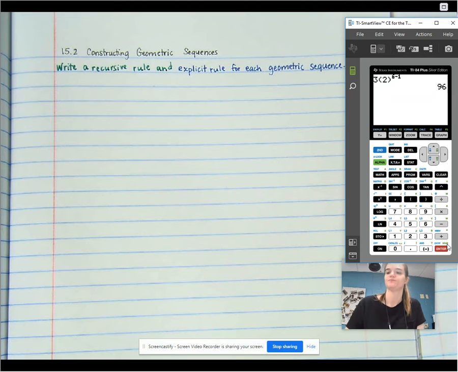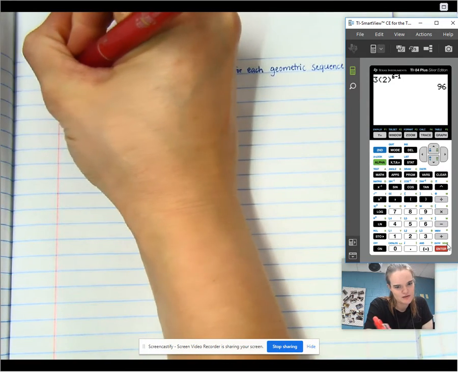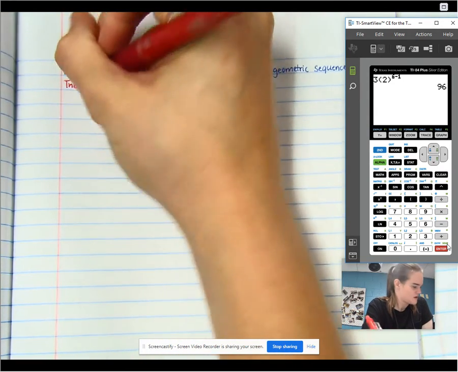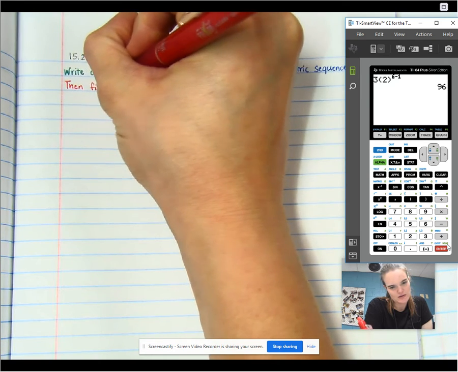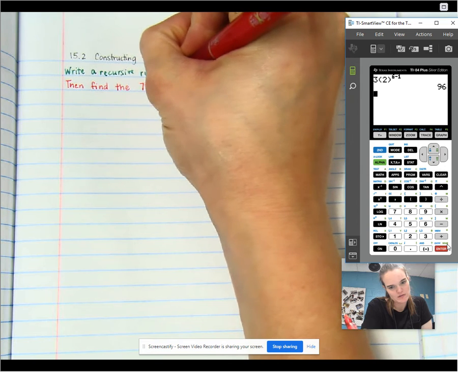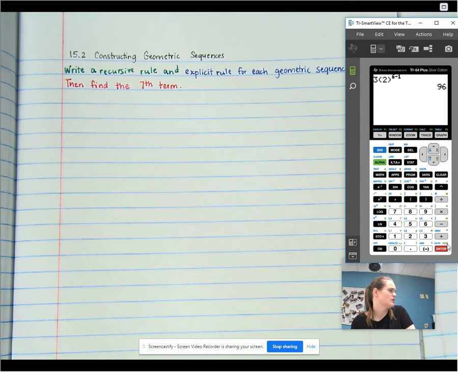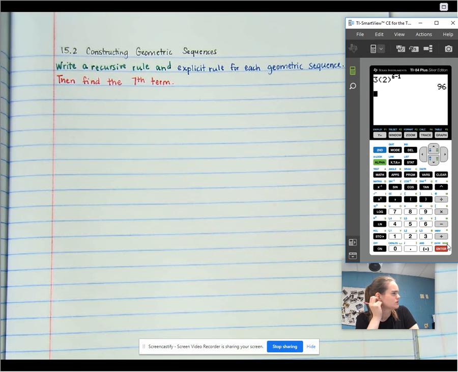Then find the 7th term. So we're going to do those things first. We're going to write a recursive rule and explicit rule, then we will find the 7th term.